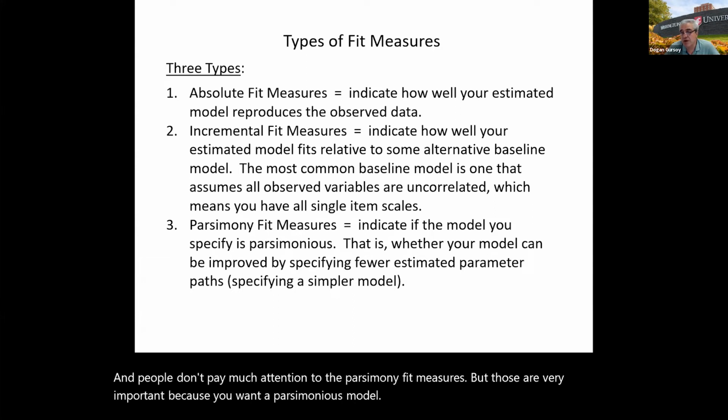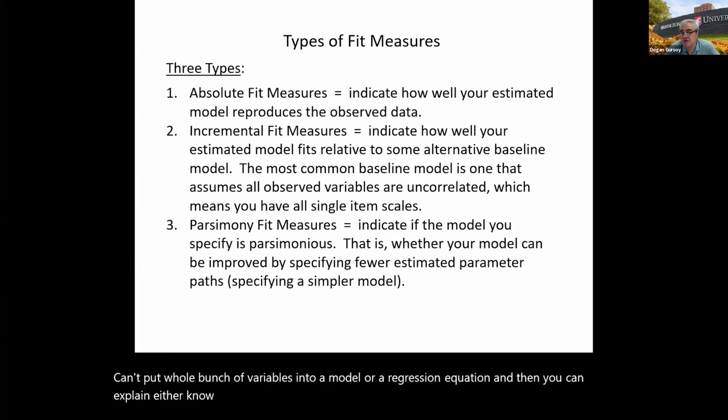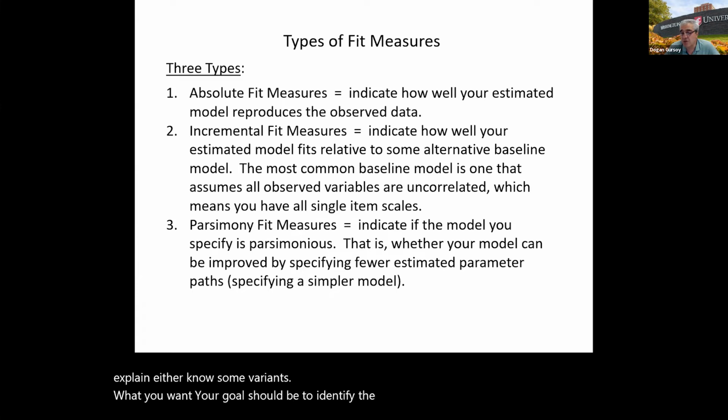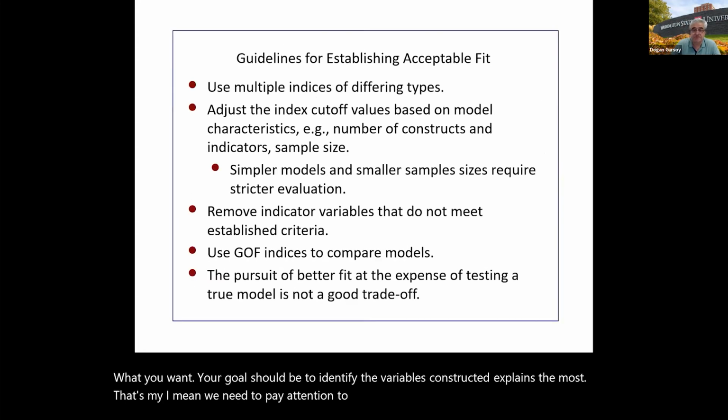You can put a whole bunch of variables into a model or a regression equation, and then you can explain some variance. Well, your goal should be to identify the variables and constructs that explain the most. That's why we need to pay attention to parsimony fit measures.